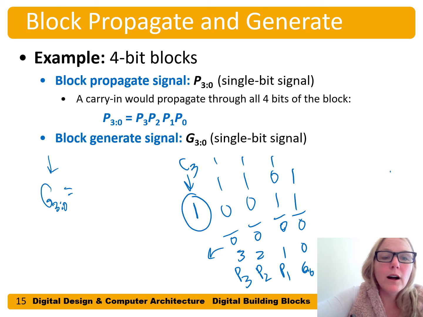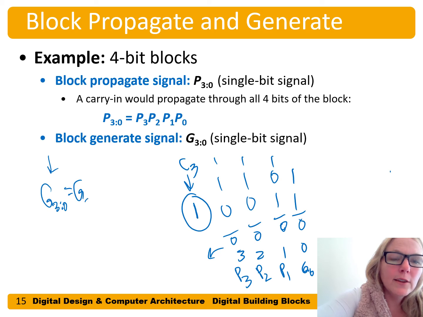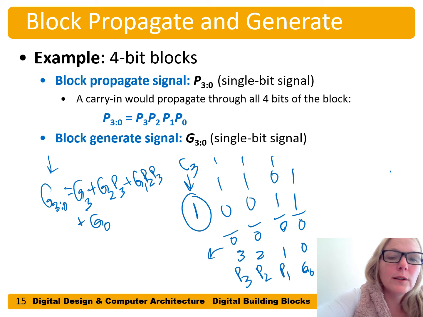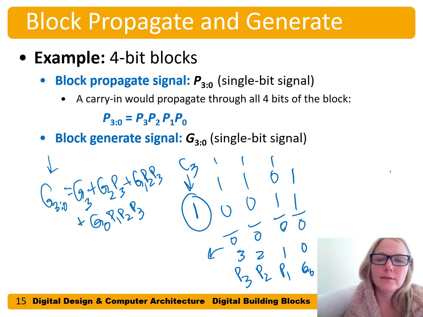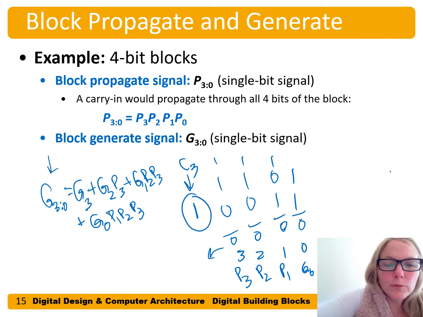So generate for this 4-bit block is, well, either generate in column 3, or generate in column 2, propagated through column 3, or generate in column 1, propagated through 2 and 3, or the last case, generate in column 0, propagated through 1, 2, and 3. If one of those propagate signals, let's say propagate 2, for example, is 0, that 1 comes in, drops down here, and never gets propagated to the output.